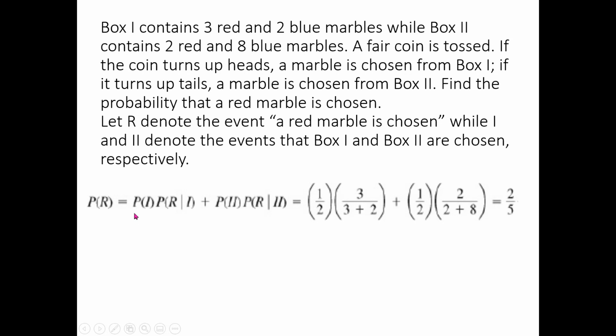That's why I have written probability of first box is 1 by 2 and probability of second box is also equal to 1 by 2. How many are red in the first? They are 3, and in total we have 5. So 3 by 5 is the probability of a red marble from the first box. Similarly, probability of red from the second one is 2 divided by 10. Then we can simply solve these numbers to get the final probability, which is 2 by 5.